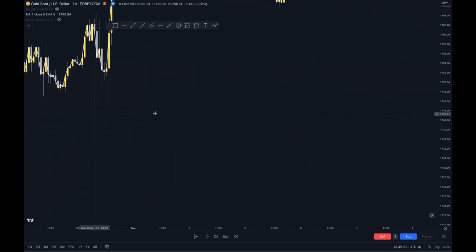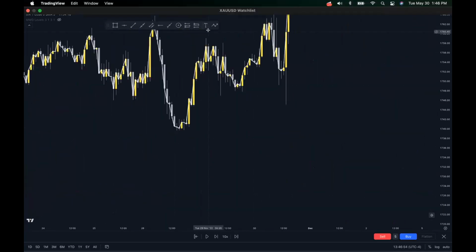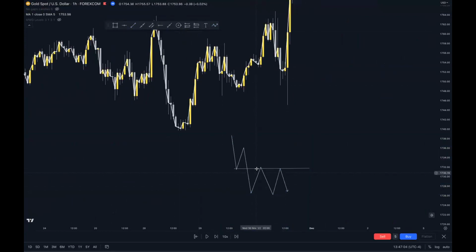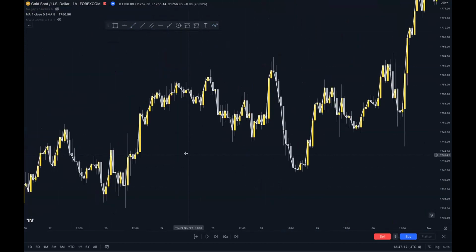Type 2 is this. The breakout trend line.